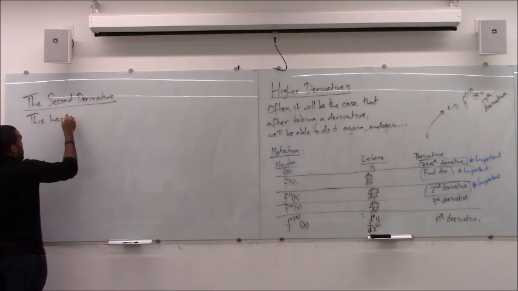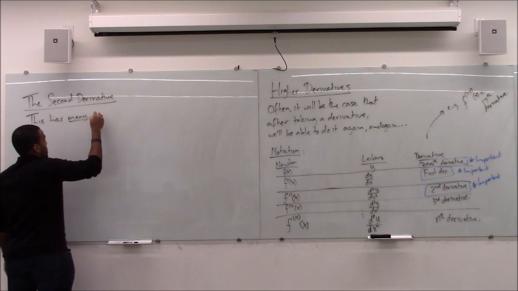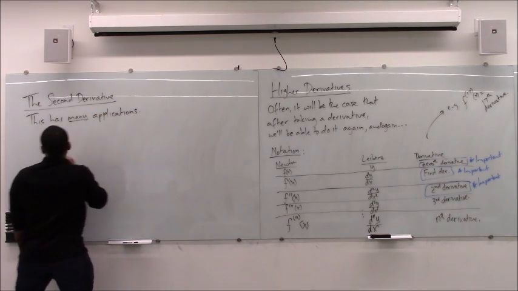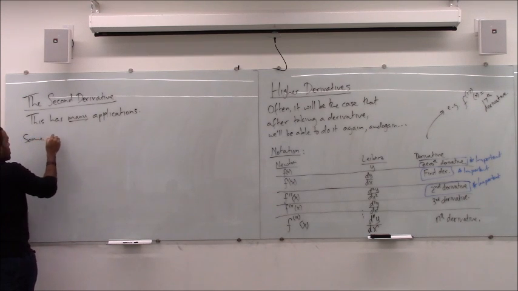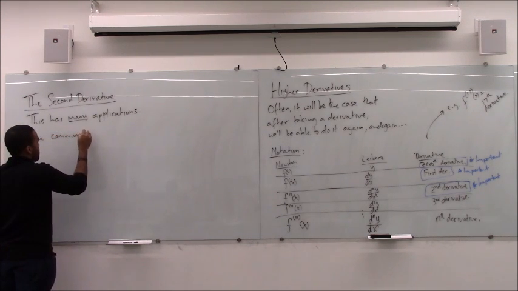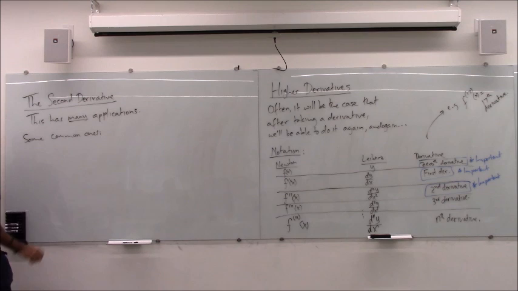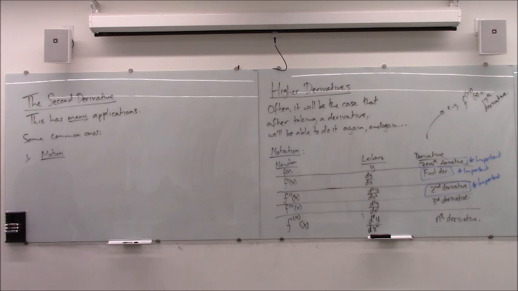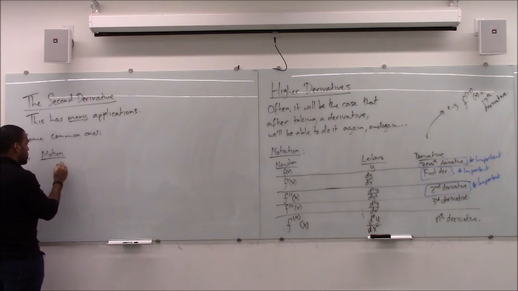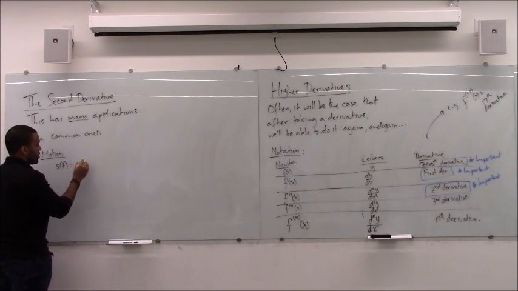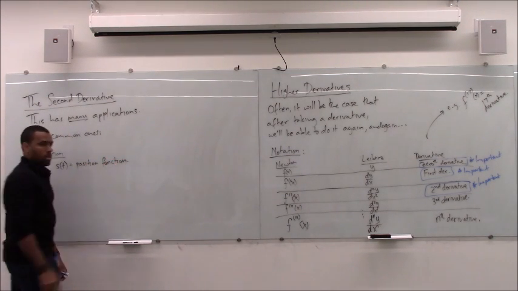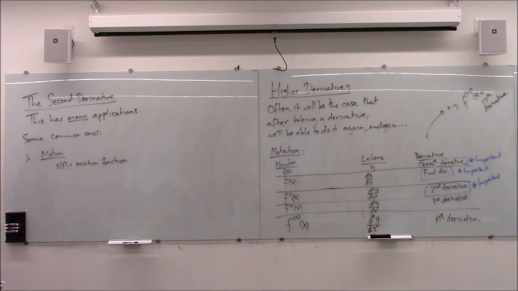This has many applications. Some common ones. Well, one is to motion, like in the physics sense. If you define a function s of t, called a position function, here's a function that's tracking your position at some time.